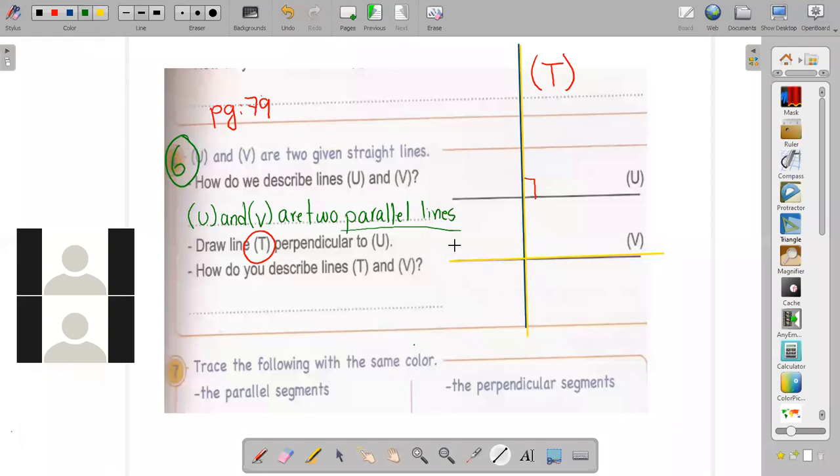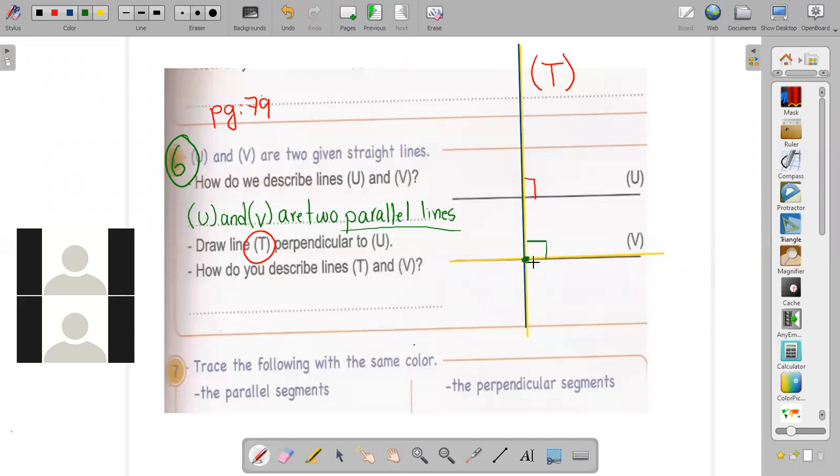Bravo. They form a shape like what? Like an L? Like an X? Like a plus. Excellent, like an intersecting plus. So they intersect at a point and they form a right angle.